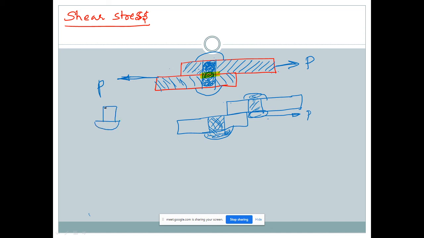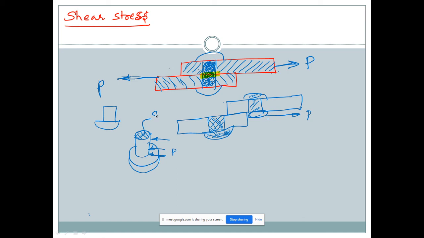If you need more, I'll go for the isometric view. So now this is the cross-sectional area of the rivet. Now load is applied in this direction, so it has been sheared off.